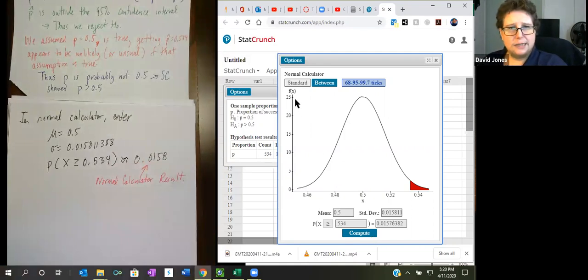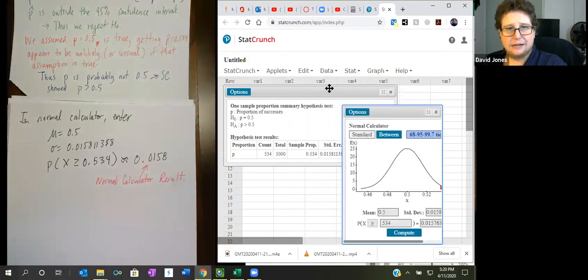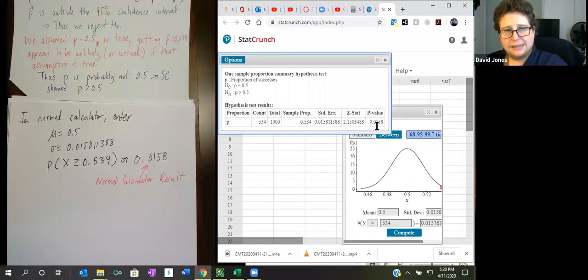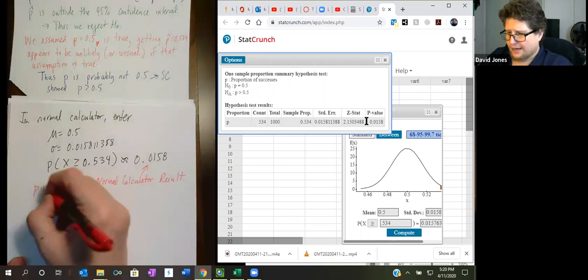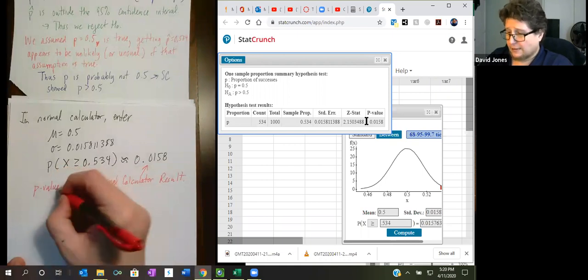Where else did we see 0.0158? Our p-value, see that? That's the p-value from the hypothesis test.